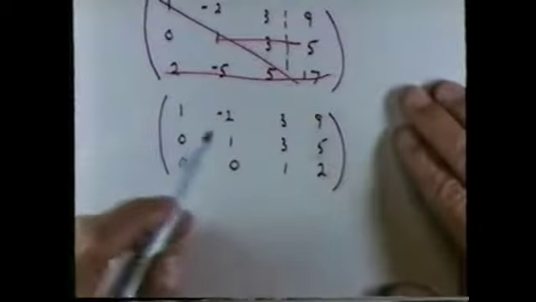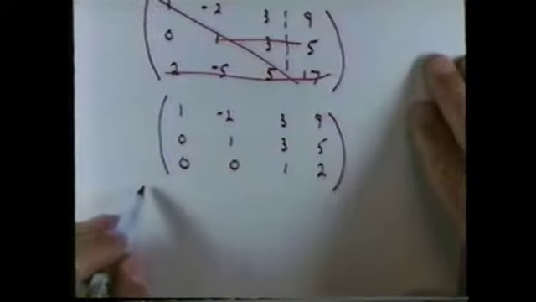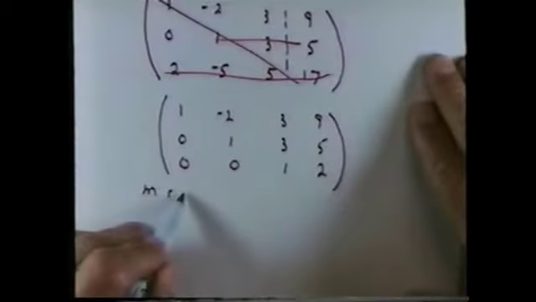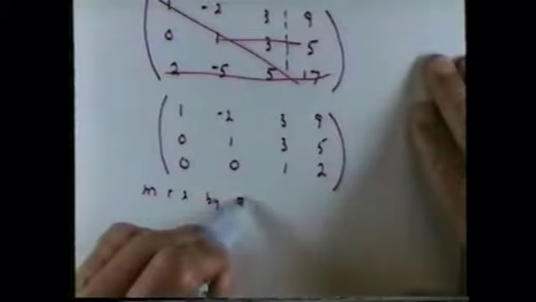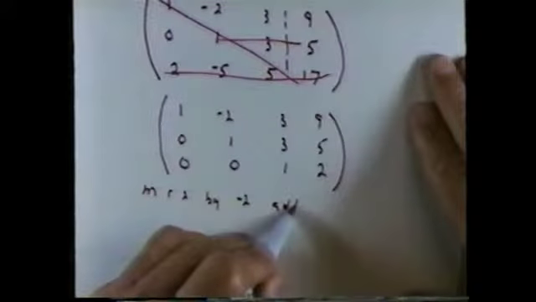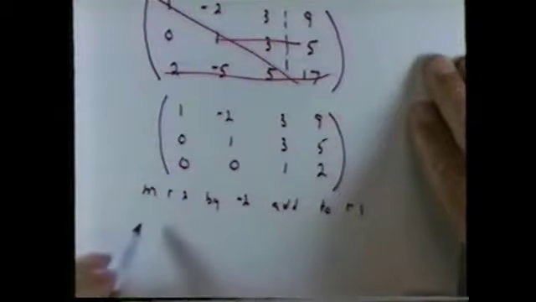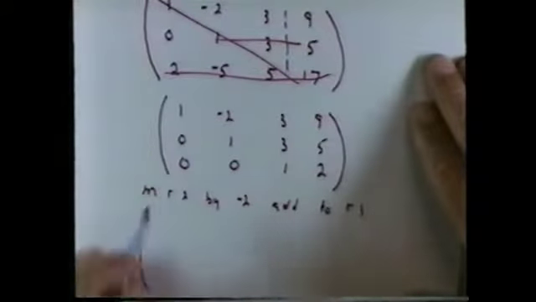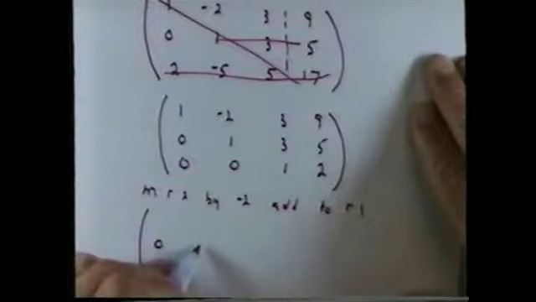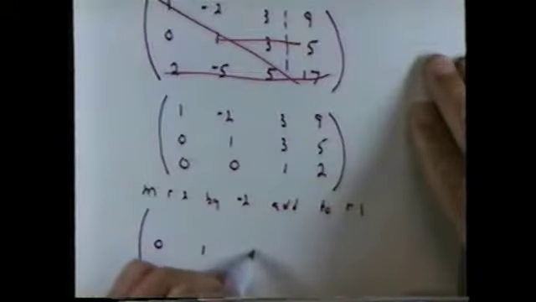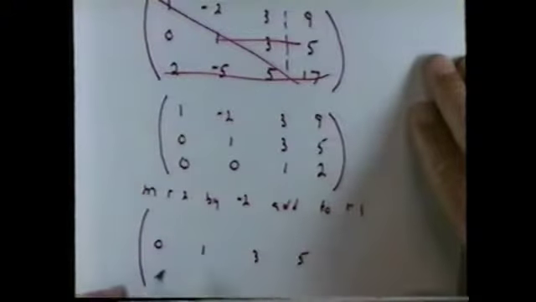My first step would be multiply row 2 by negative 2, add to row 1. So leave row 2 and 3 the same, 0, 1, 3, 5, 0, 0, 1, 2. I'm going to multiply row 2 by negative 2 and add to row 1.